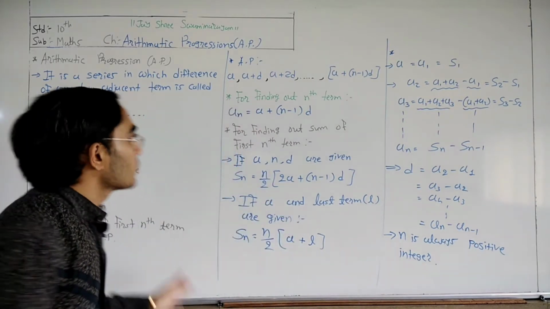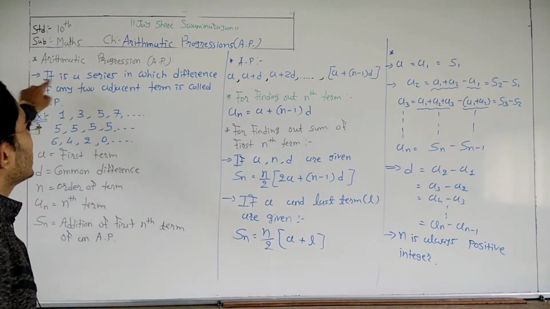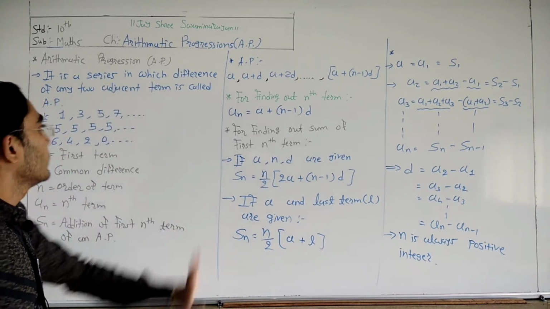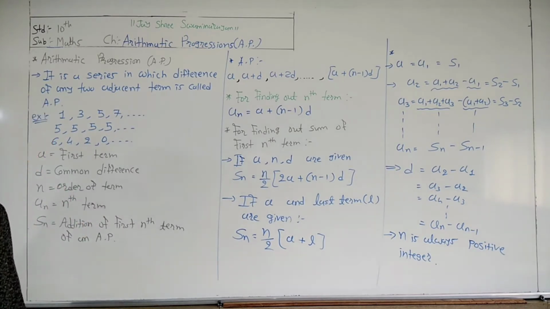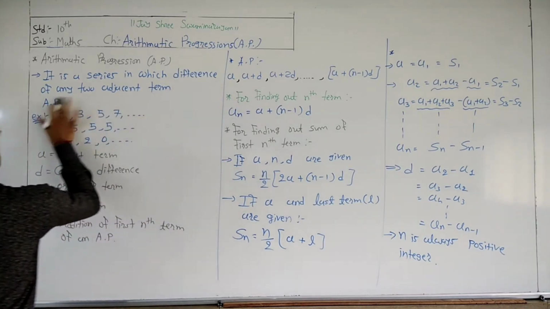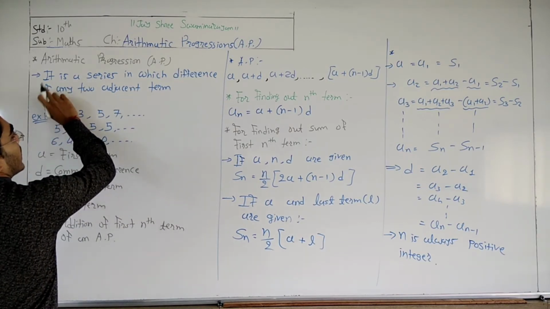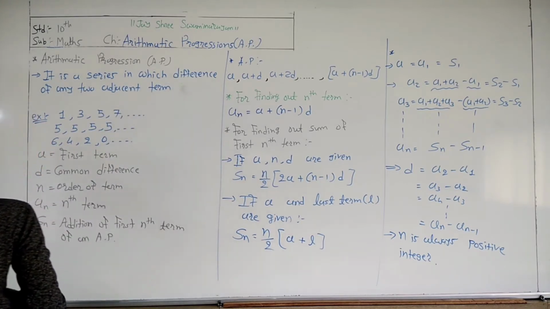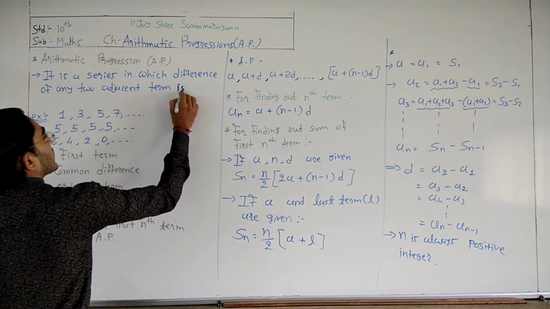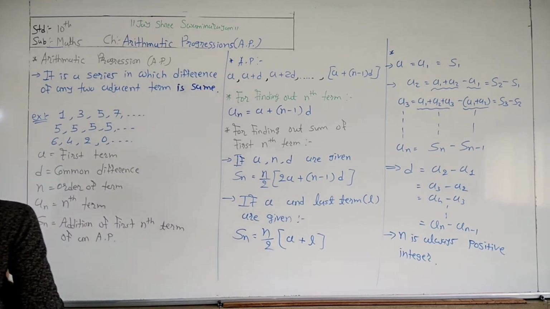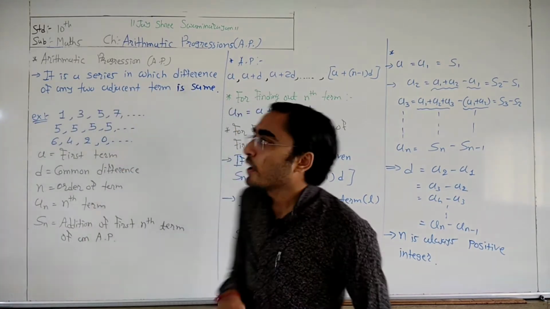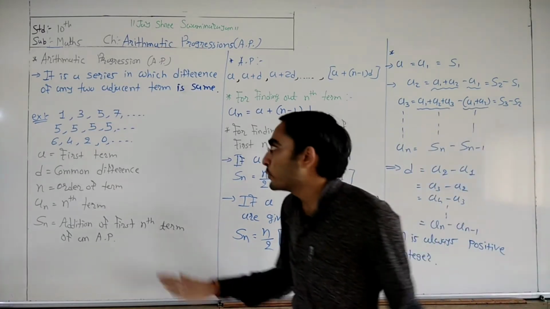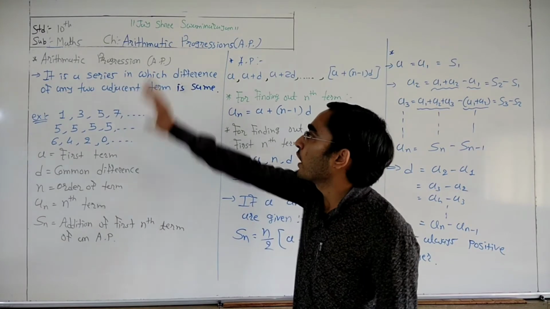Now, first of all, the definition of arithmetic progression. It is a series in which the difference of any two adjacent terms is the same. In an AP, if you take the difference of any two adjacent terms, every time you will get the same difference D. It is called arithmetic progression.